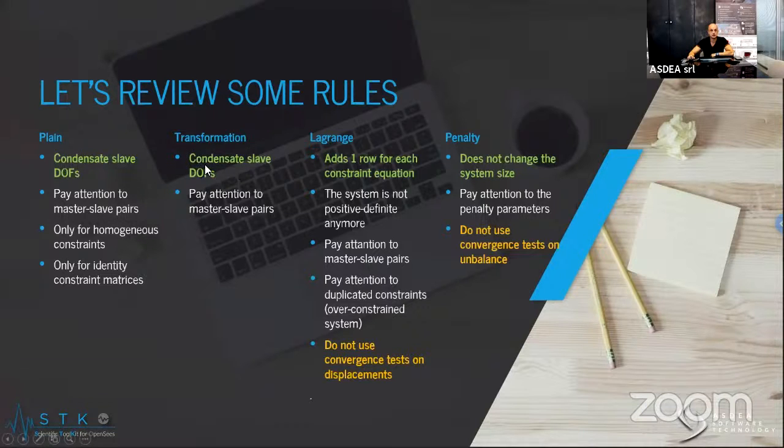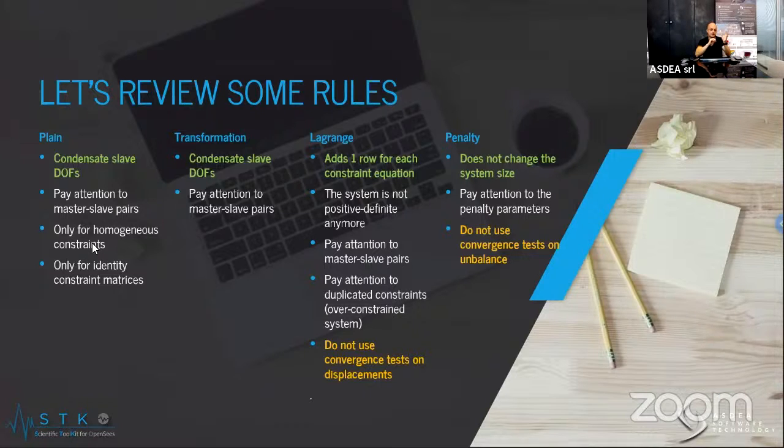Then the transformation is pretty general. Except for the fact that you have to pay attention to the master-slave pairs, there is no other limitation. While the plane constraint handler has two limitations. It can be used only for homogeneous single point constraints. What does it mean? A homogeneous constraint is a constraint that imposes a solution equal to 0. For example, a fixity.